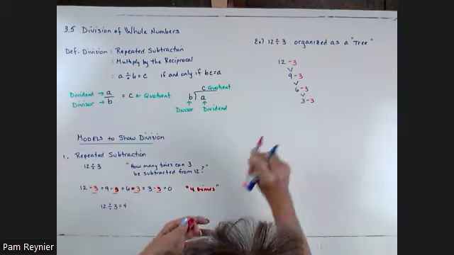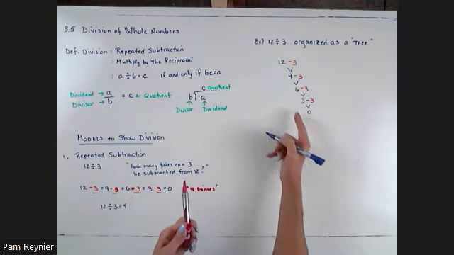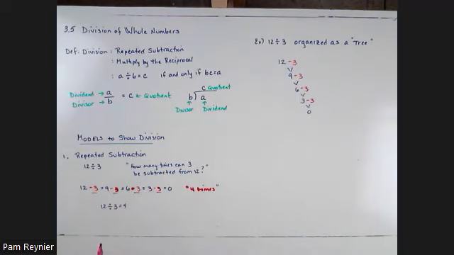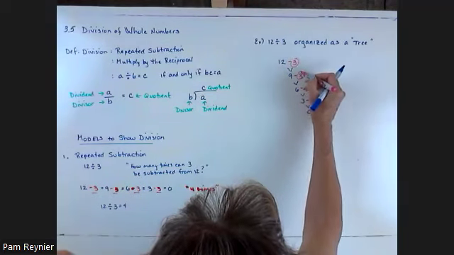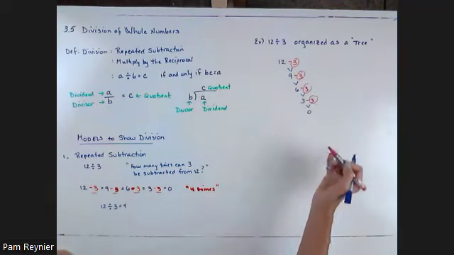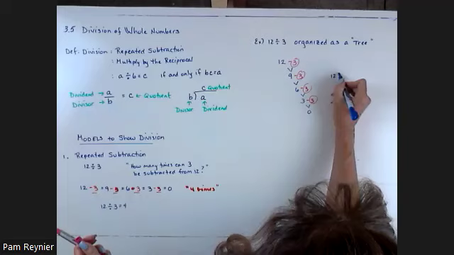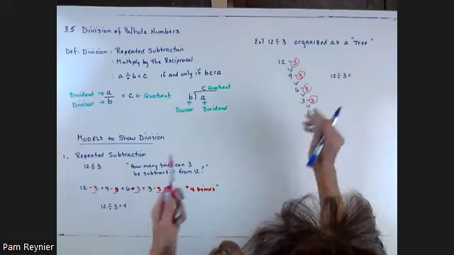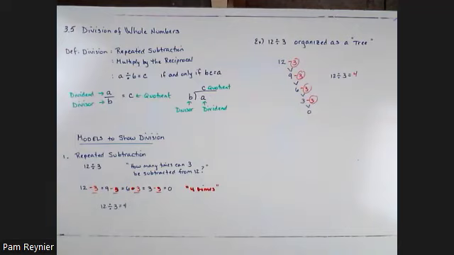I can subtract 3 one more time, and I end up building this tree or staircase going down. And then we'll notice we ended up subtracting 3 four times. And so once again, 12 divided by 3 is 4. Okay, so 3 was able to be subtracted 4 times.